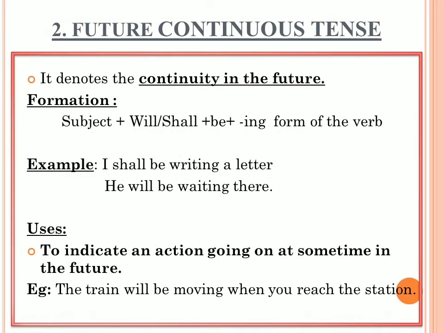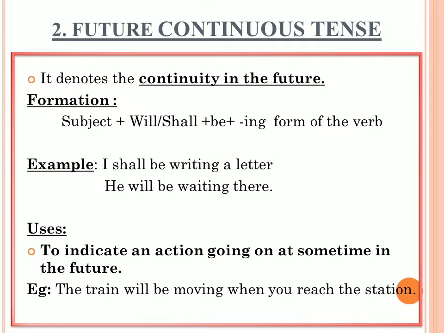He will be waiting there. It is used to indicate an action going on at some time in the future. So, continuity in the future. The train will be moving when you reach the station.